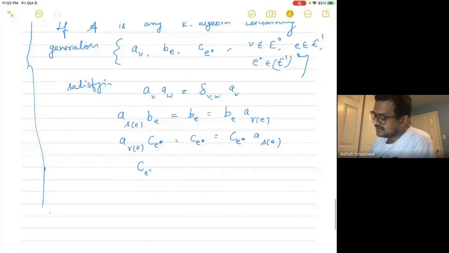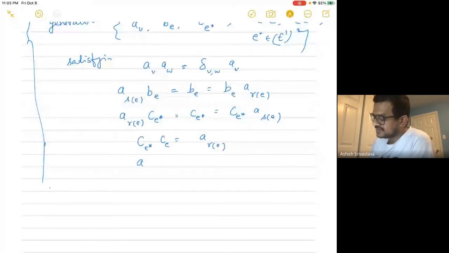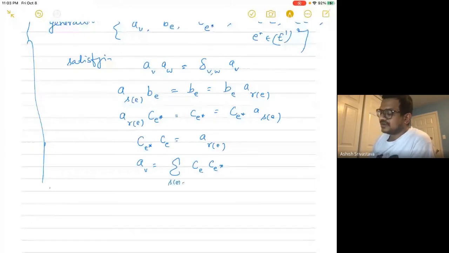Same thing for c_{e*}: c_{e*} a_{s(e)} equals c_{e*}, a_{r(e)} c_{e*} equals c_{e*}. And c_{e*} b_e equals a_{r(e)}. And if v is a regular vertex, we want this to hold.